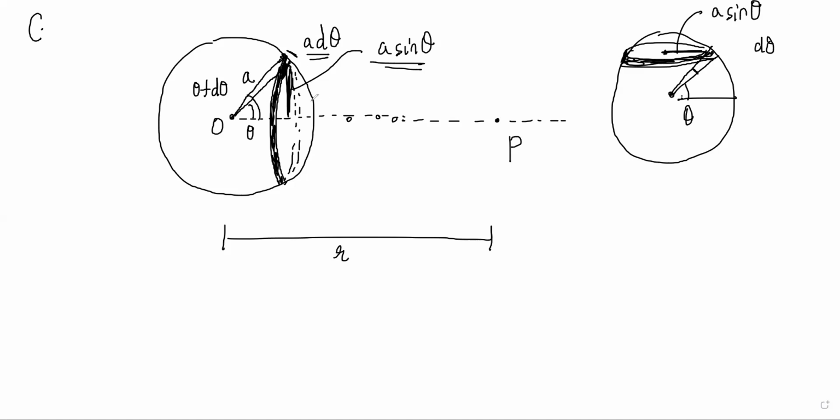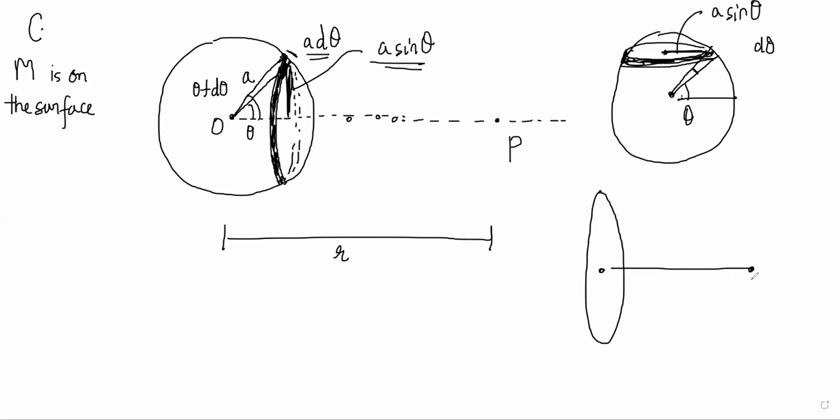So why are we doing all this? Because all the mass M is on the surface. So somehow you have to capture the whole surface of the sphere to be able to integrate it. So we have created a ring on the surface now, because just now in the previous derivation B, we know what the potential due to a ring is on the axis at a point P, right? So this shell is like a ring now for us.